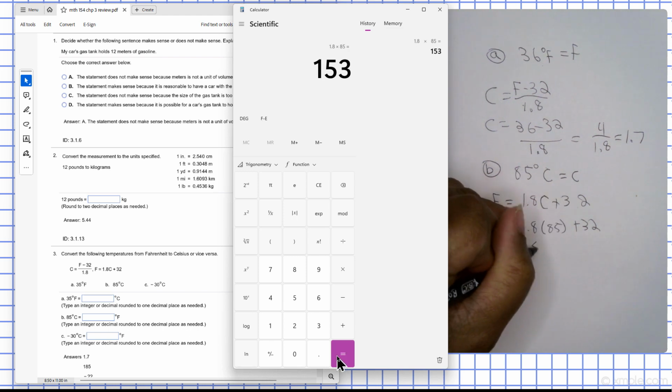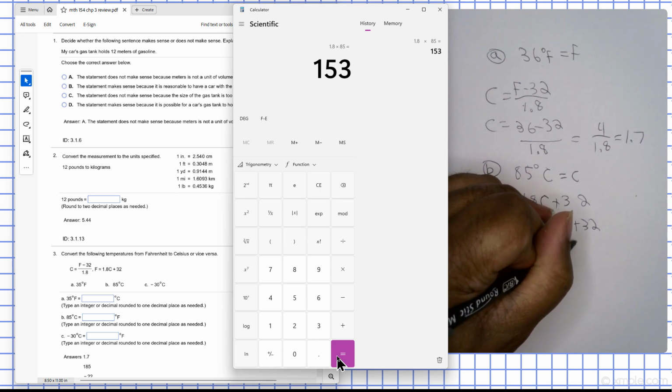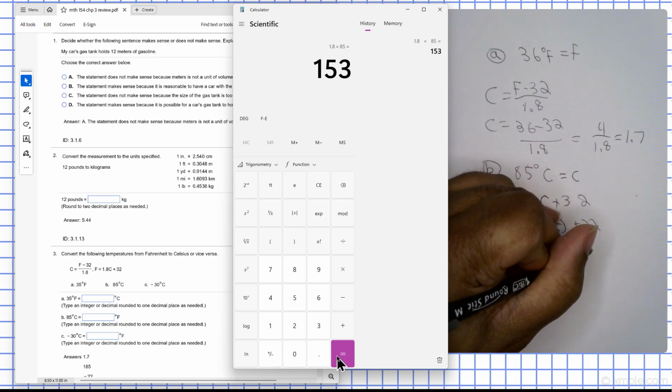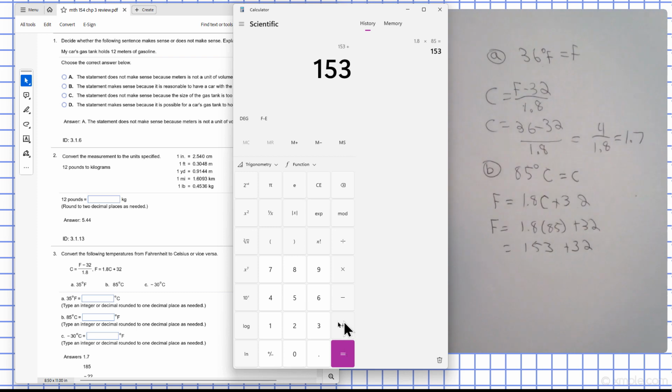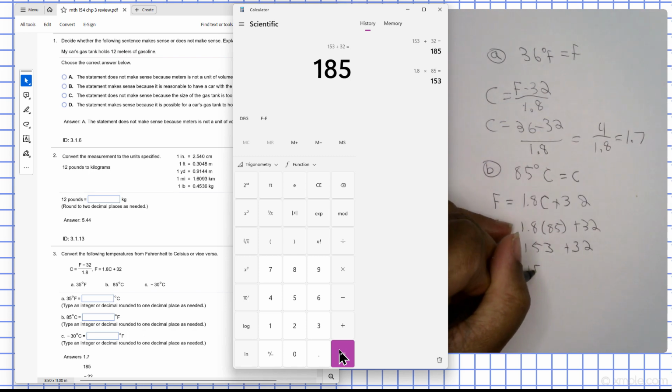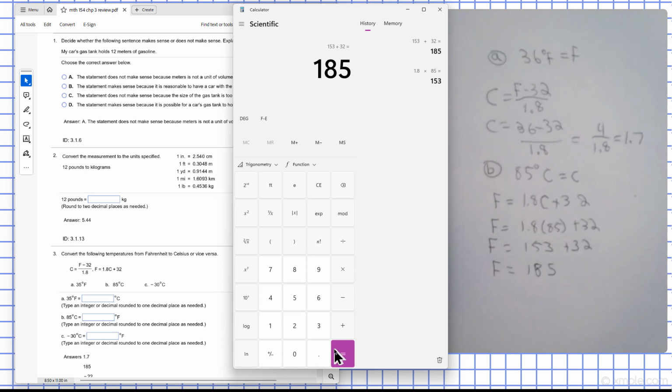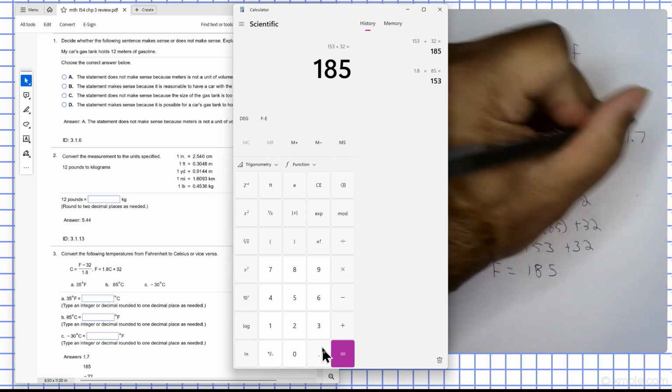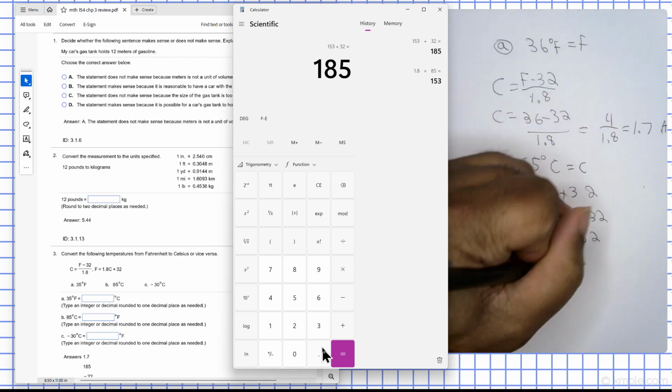We end with 153 plus 32, which is 185 for our answer. Okay, and then they have part C.